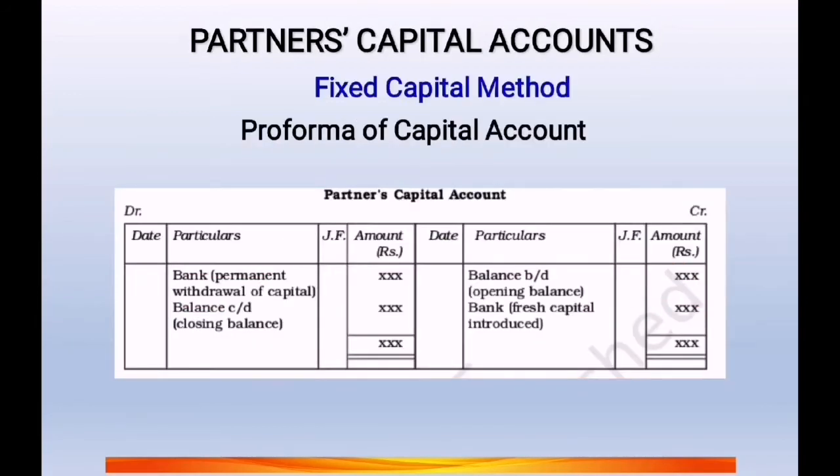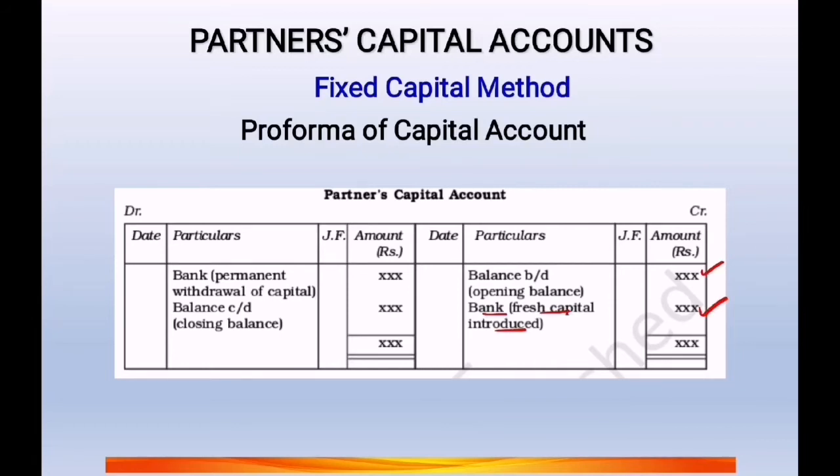So, here is the pro forma of partner's capital account under fixed capital method. We'll always start with the opening balance, by balance brought down. If the partner introduces some additional capital, we'll write by bank as additional capital introduced.